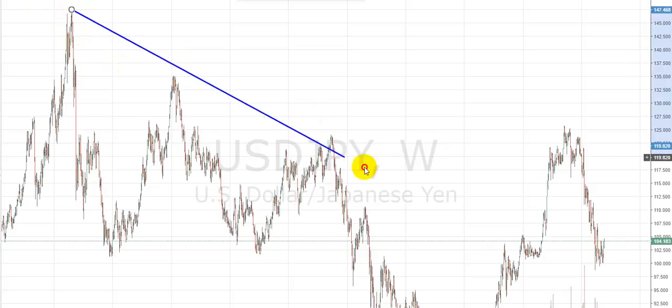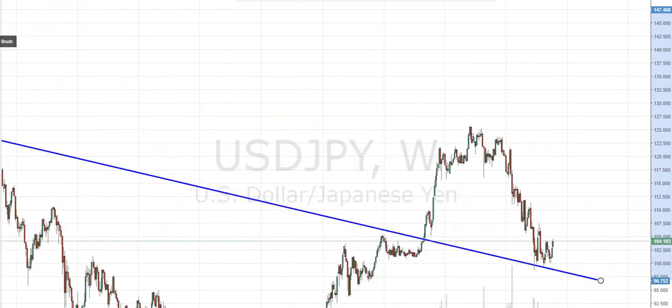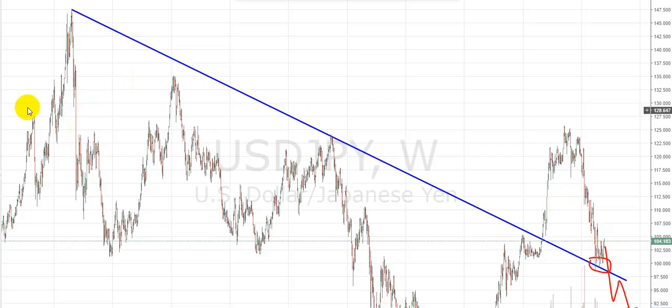What we said was, guys, okay, there is a possibility we are going to be lower, but we have to break down this line to have a possibility to go lower. You got my point, right?